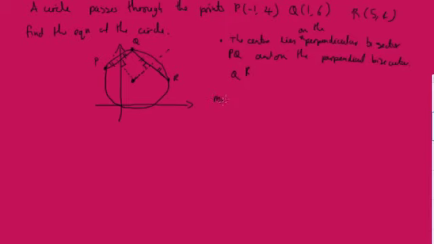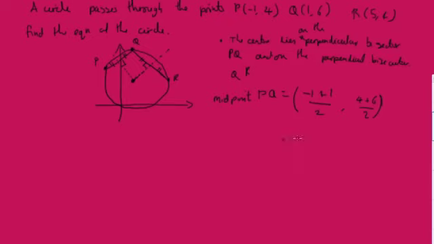So let's find the midpoint of PQ. There's P and Q, so we'll have minus 1 plus 1 over 2 and 4 plus 6 over 2.